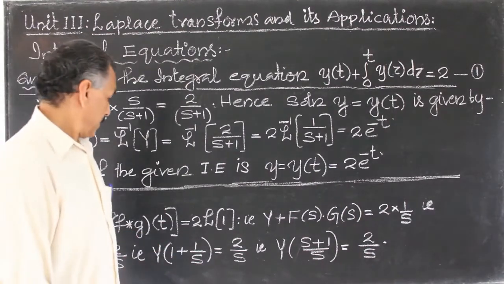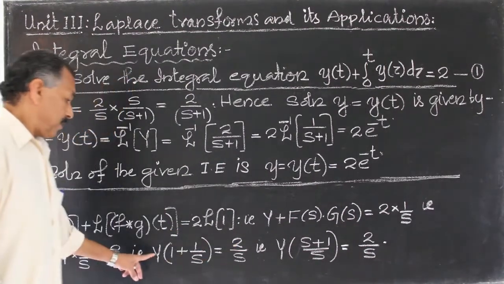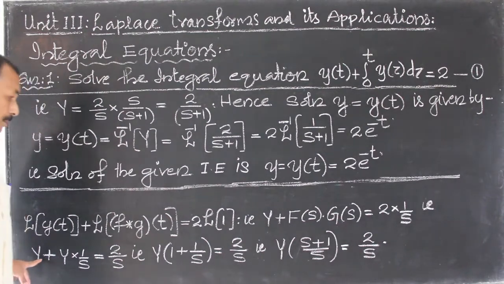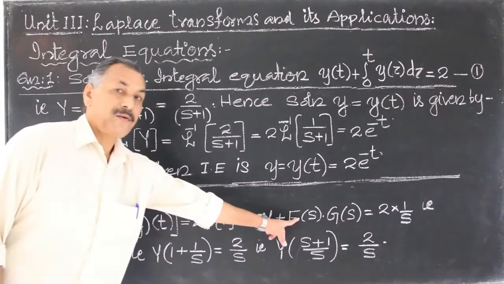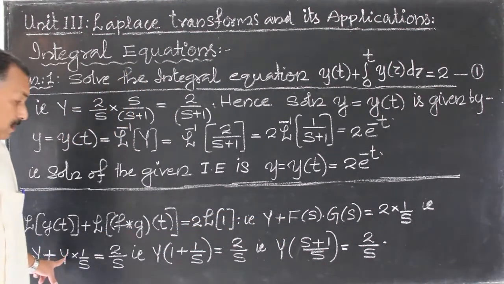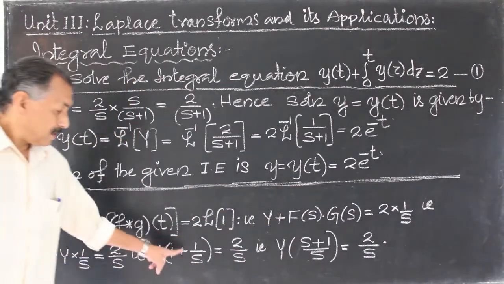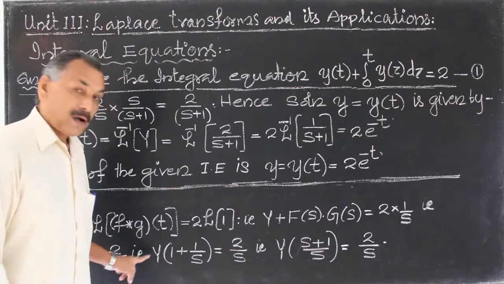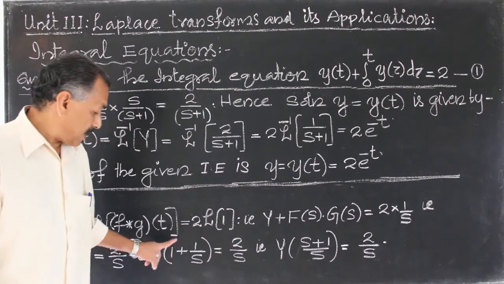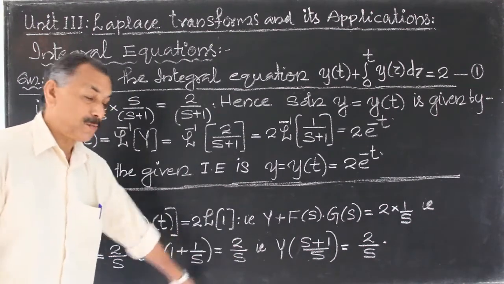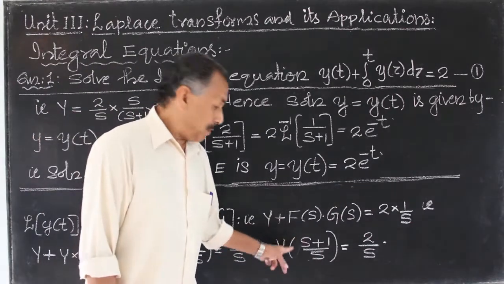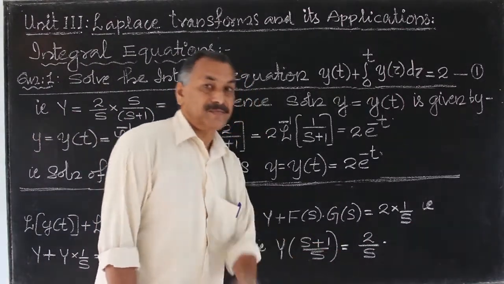We have Y into F of s, that is Y into G of s, 1 by s, is equal to 2 by s. Taking the common factor outside, that is Y into 1 plus 1 by s is equal to 2 by s, or Y into s plus 1 by s is equal to 2 by s.